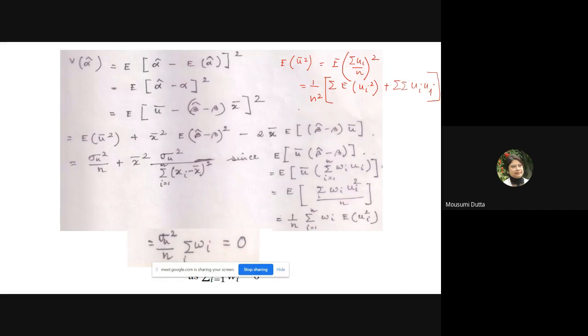Rajdeep, isn't it? Ma'am, yes, but since it is CLRM, I did not say that. This is the right formula. Yes, yes. Ma'am, just a minute.